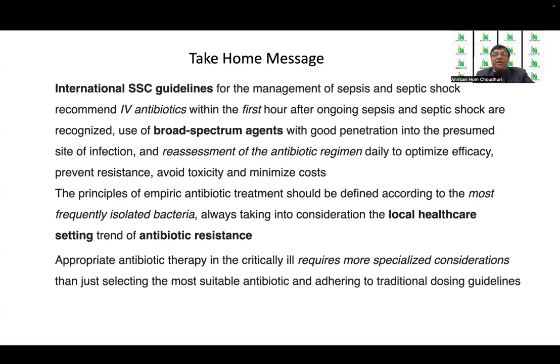All of this combined gives us the appropriate antibiotic for sepsis. And only when we do that, are we able to safely recruit most of our patients and prevent them from going to shock.